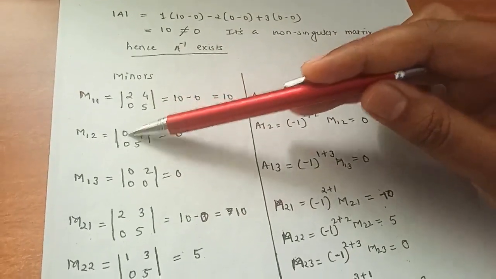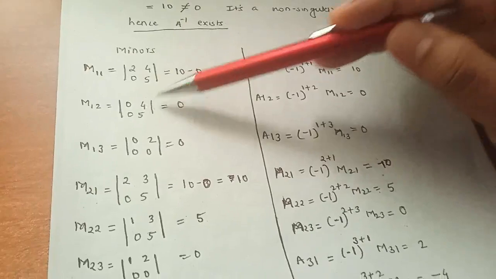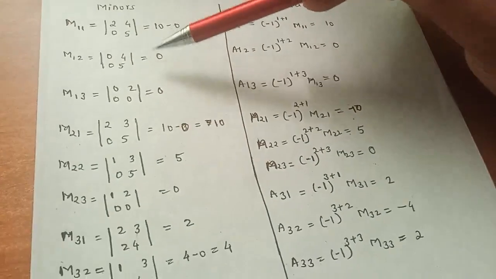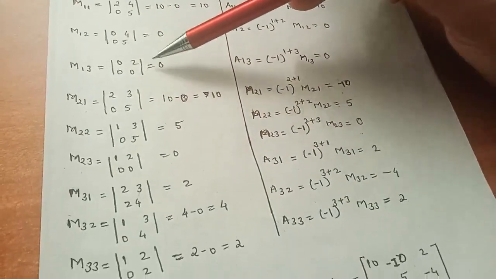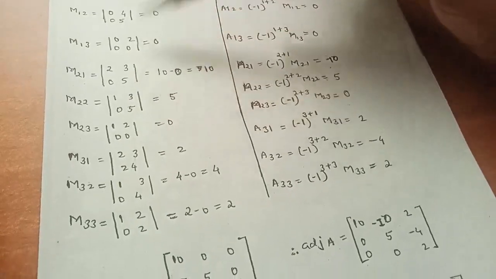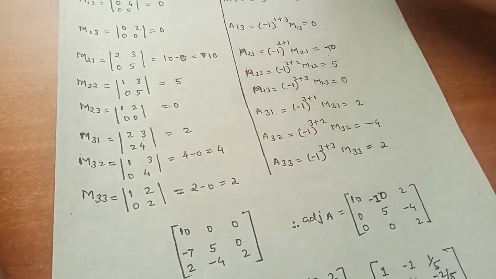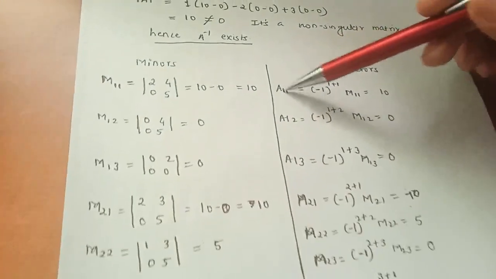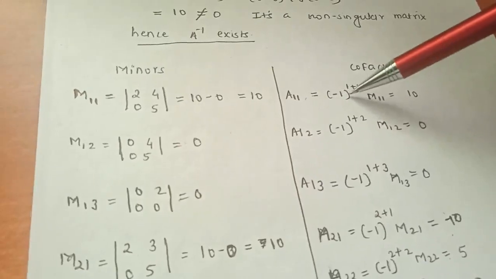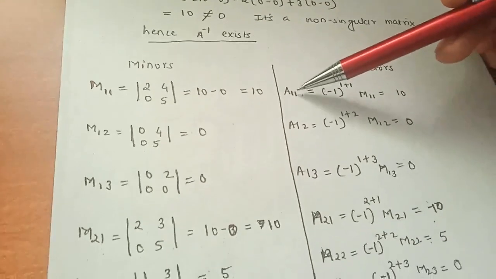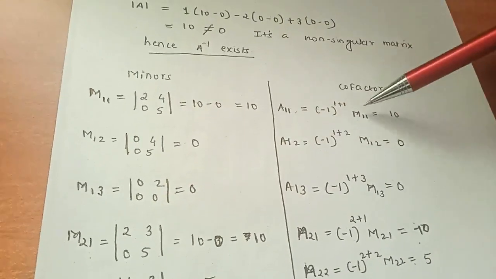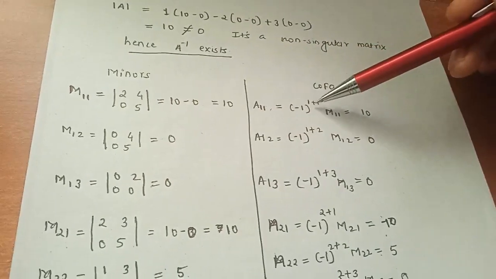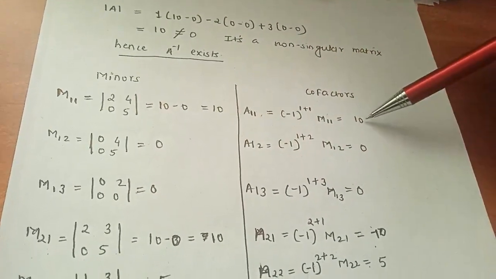The remaining elements are 0, 4 and 0, 5. Expand it and you will get the minor. Similarly, find the minors of all the elements M13, M21, M22. The cofactors work the same way. Suppose I have to find the cofactor of the first element, 1 1. It is minus 1 to the power of 1 plus 1, because it lies in the first row and first column, into the minor of the first element. So this is 1 into 10, which is 10.